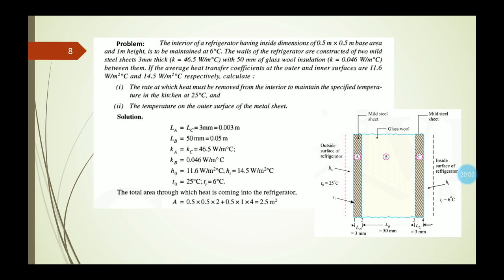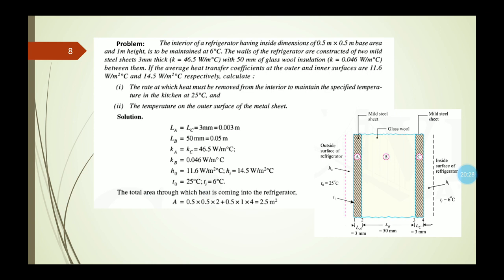So the thickness for the mild steel sheet is denoted by A, the glass wool is denoted by B, and again on the right side the mild steel sheet is denoted by C. So LA and LC, that is the thickness of the mild steel sheets, are given as 3 mm.